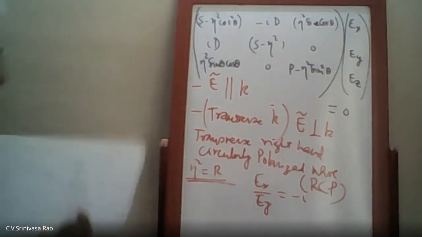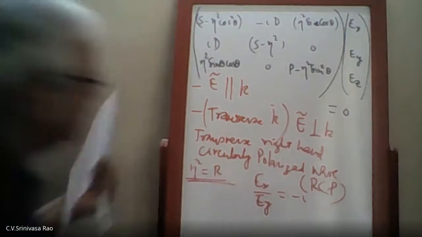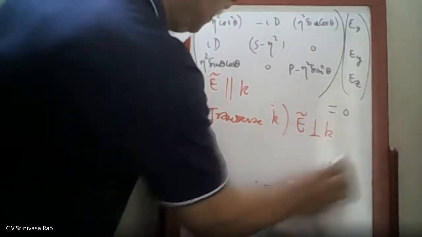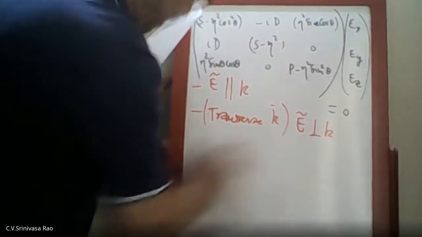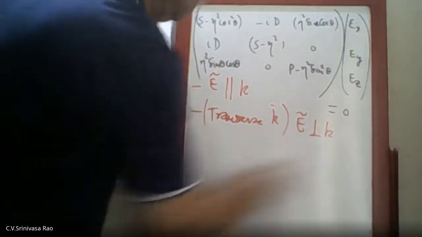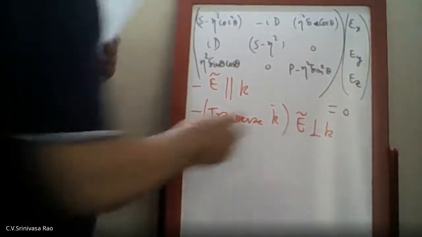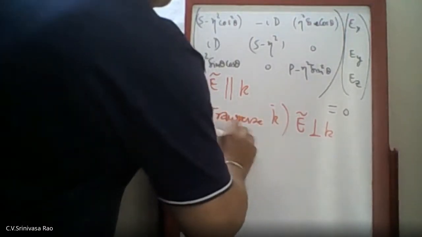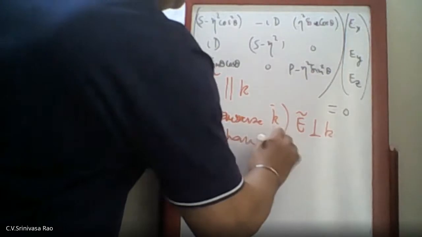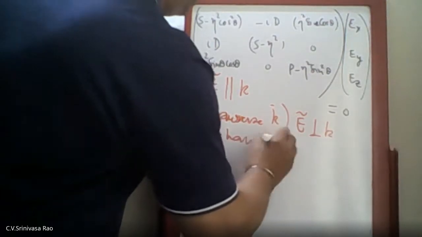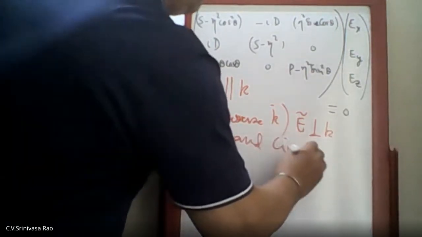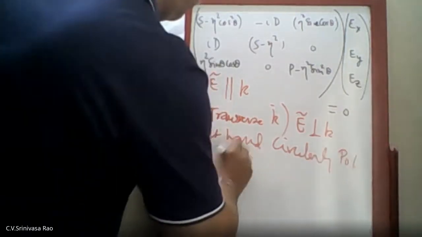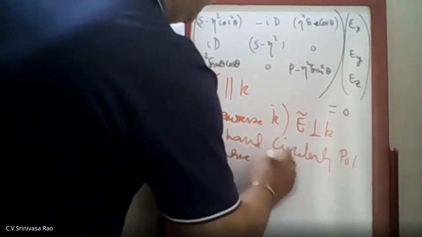The other wave that we saw was again transverse, but that was left polarized. So left hand circularly polarized wave. You can call it LCP.